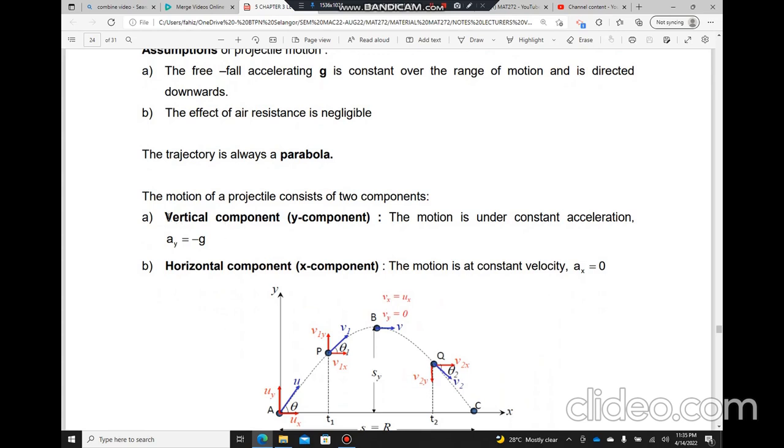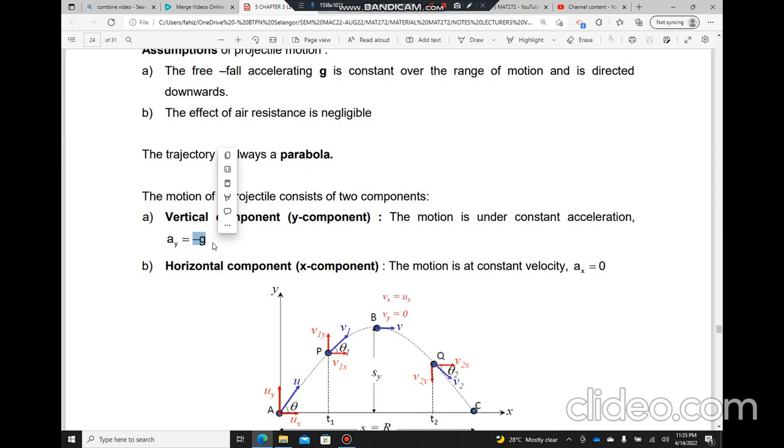Okay, so kalau vertical, which means y component, dia based on acceleration ataupun pecutan dia, ay equals to negative g. Sebab apa? Vertical ni dia gerak atas ataupun bawah kan. Pecutan ni kita assume sama dengan pecutan gravity, sebab tarikan gravity ke bawah kan.